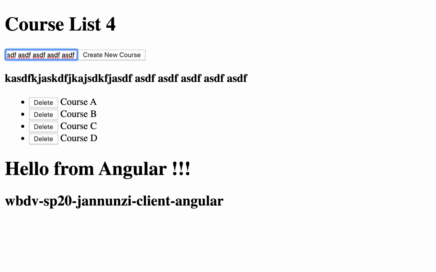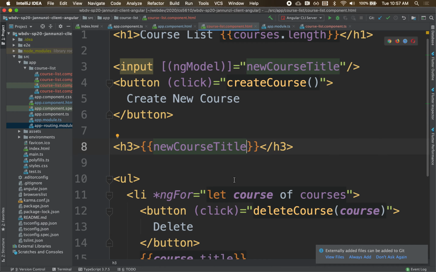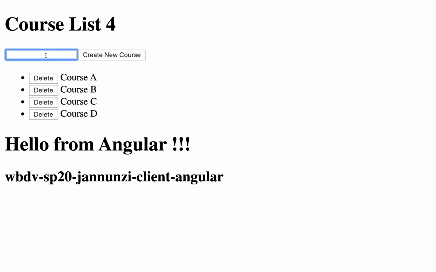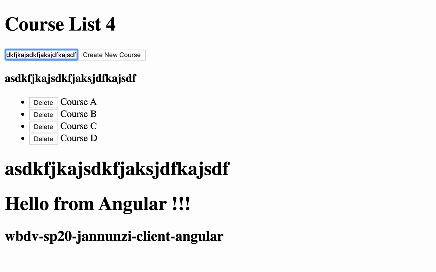Anywhere where that variable is dereferenced will be notified. Even if I put it down here, maybe in an h1, wherever that variable is referenced, the DOM is being notified that it has changed and that it needs to re-render itself. So all that plumbing is already done for us. We don't have to do an onChange or any of that. We just tie it to that variable.